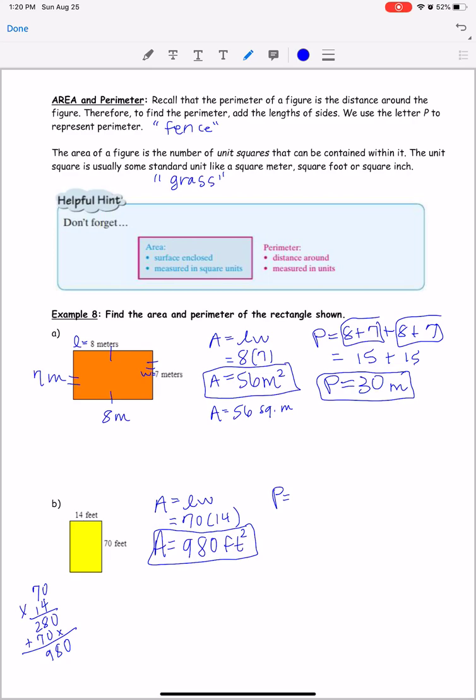Perimeter, add them all up. You've got 14 plus 70 plus this side is 14 plus this side here would be 70.